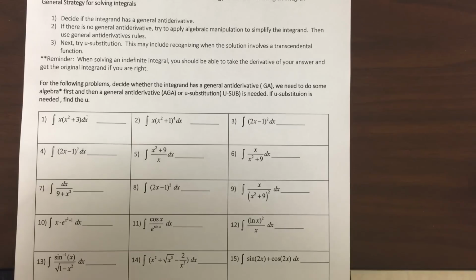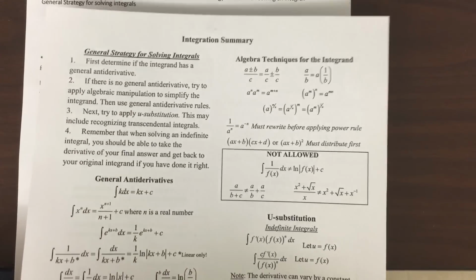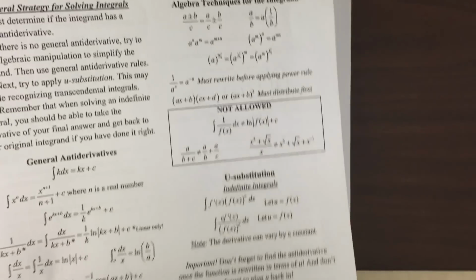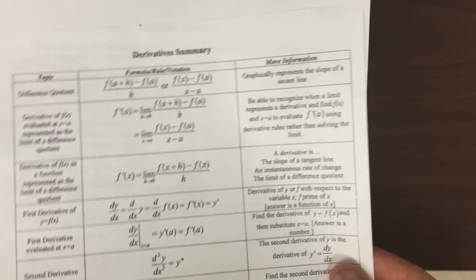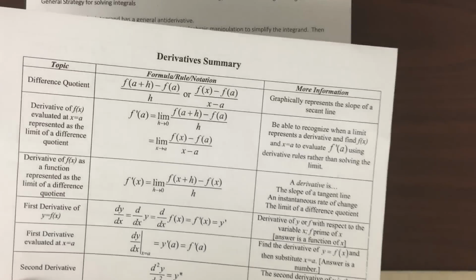First, you need to take out one of the formula sheets that I had you print out under homework number 10. More specifically, take out the one that is titled derivative summary. On the back of the first page, that's the derivative summary.